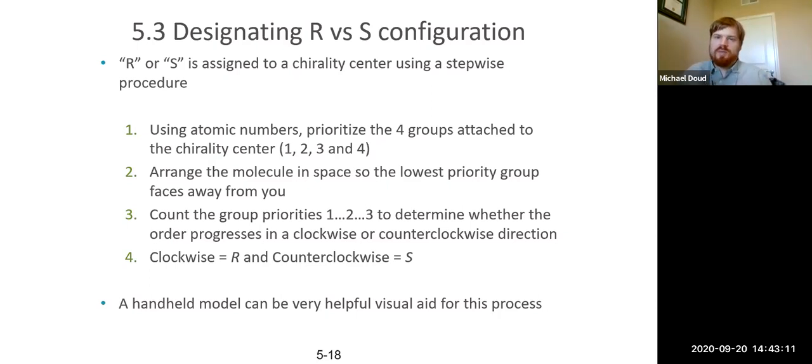Now let me give you a little hint here. This is going to help out a little bit. I know that's a lot to talk about without actually doing an example, but real quick, I'm going to tell you the trick for R versus S. If you're going clockwise like this, clockwise is like the top of the R. Boom, that's an R. Counterclockwise, going like this, that's like the top of the S. So you kind of complete the letter for the S from the top, and the clockwise is with the R as you draw it.